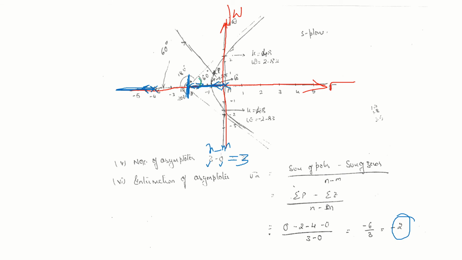Here, draw this asymptote. Okay, right. Next asymptote, you draw at 180 degree. And there is 180 degree. Draw another asymptote at 300 degree. Blue colored one is root locus, green is asymptotes. This red is axis system, that's all that thing, right? Okay, fine. So we have got the asymptotes.